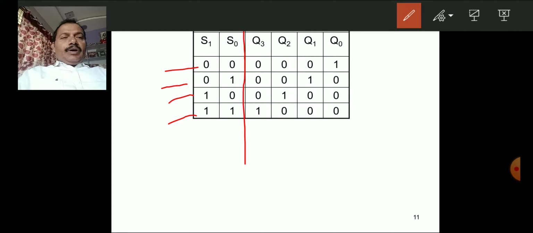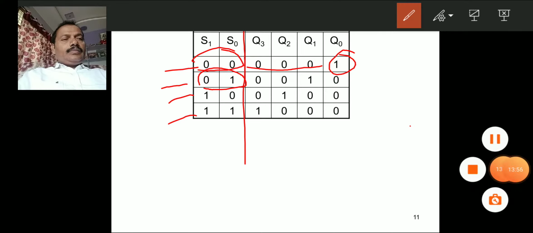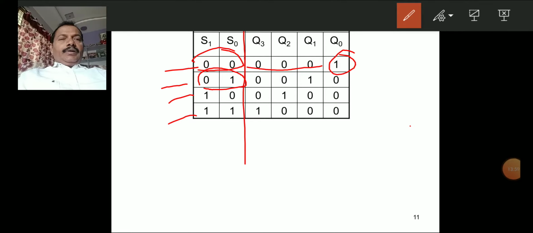For each input combination, for example for input 00, Q0 is 1 and all other outputs are zeros. Similarly for 01, Q1 is activated, and for the 10 combination, the output Q2 is activated and all other outputs are zeros.